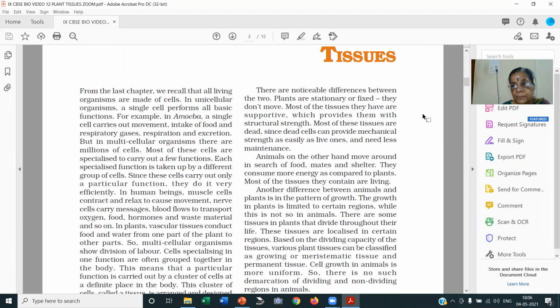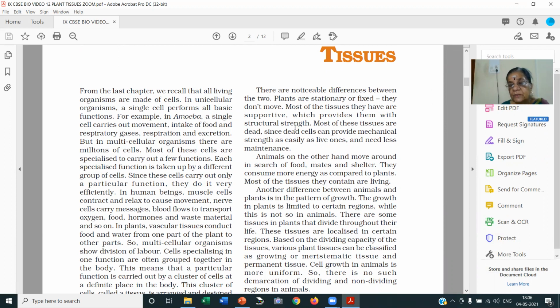Movement from one place to another. Mark locomotion as the first point. Plants are stationary or fixed. They don't move. Most of the tissues they have are supportive, which provides them with structural strength.